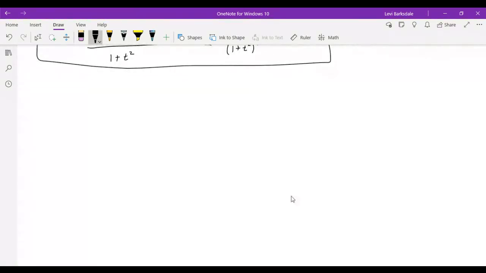Okay. In that case, I'm going to go ahead and give you a practice problem, or a couple of practice problems. This first one, find the unit normal of this function r of t, this helix equals sine of t, cosine of t.